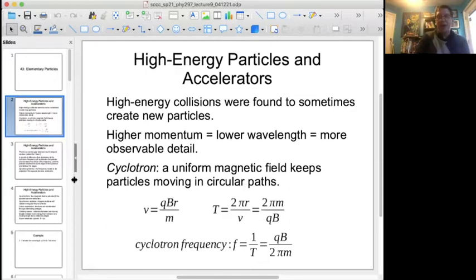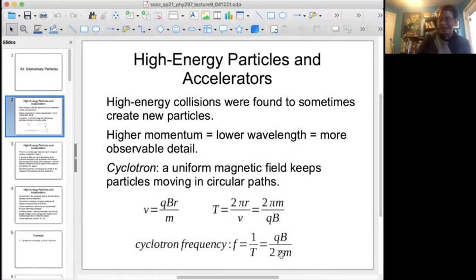So that product of m times v is the momentum, and the momentum is not as simple as the mass times the velocity when the speeds become relativistic, at which point the cyclotron frequency f is no longer constant as v increases. It becomes f equals qB over 2 pi gamma m.